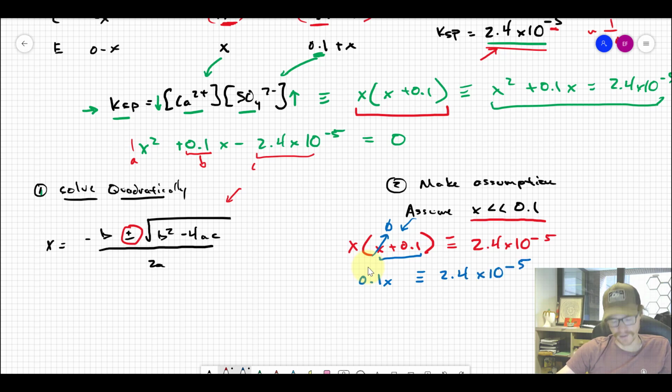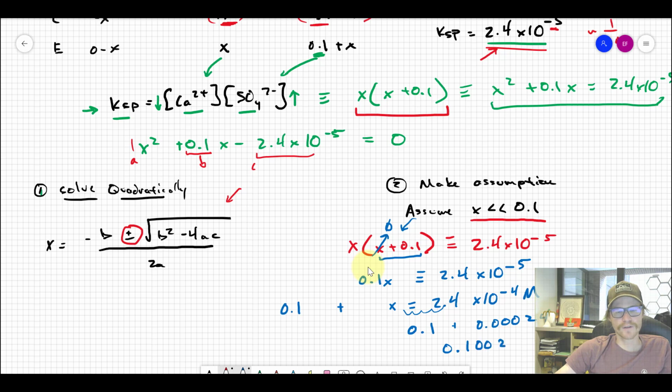So we can just compute this, and it turns into X equal to 2.4 times 10 to the minus 4 molar. That's a pretty small number. So if we have 0.1 as our original sulfate concentration plus 2.4 times 10 to the minus 4, that's the same as 0.1 plus 0.00024, which becomes 0.10024.